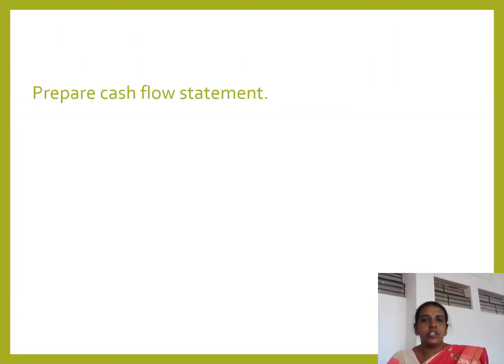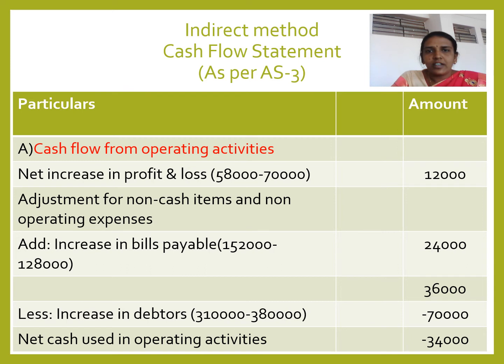The question is you have to prepare a cash flow statement. Dear students, let us see how to solve the problem as per the indirect method, because the indirect method is more appropriate than the direct method. So I am taking here the indirect method of preparation of cash flow statement. Cash flow statement as per Accounting Standard 3 revised.